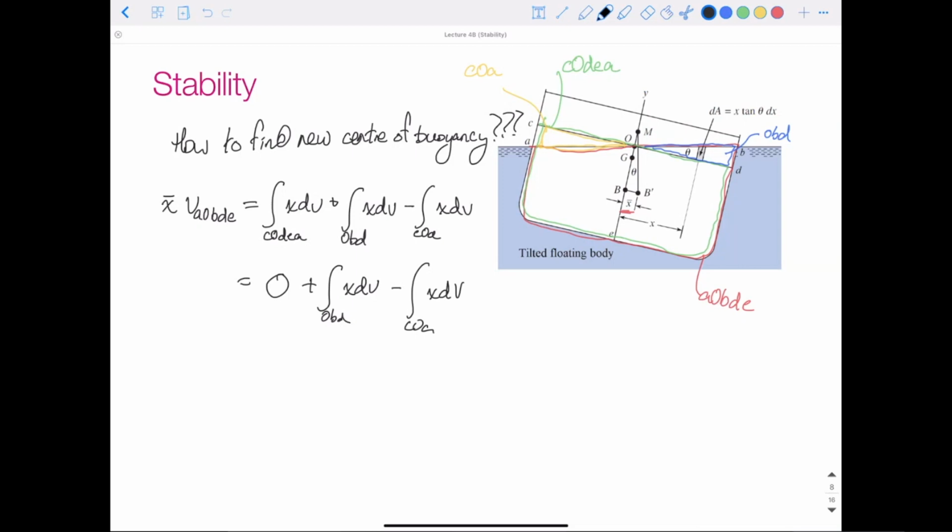And if we have a regular shape, and we're only caring about our profile or cross section right here, then we can simplify this further, and we can replace our dVs with L times the area dA.